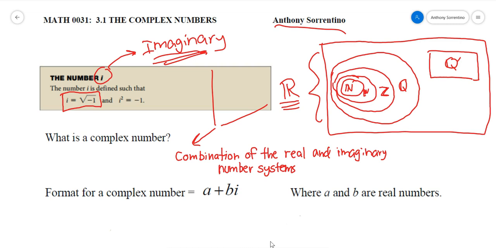They just have a zero for their imaginary part. And that's what the format of a complex number looks like. It has what we call the real part, and it has the imaginary part, which is just some real number multiplied by a power of i. So that's what a complex number is.